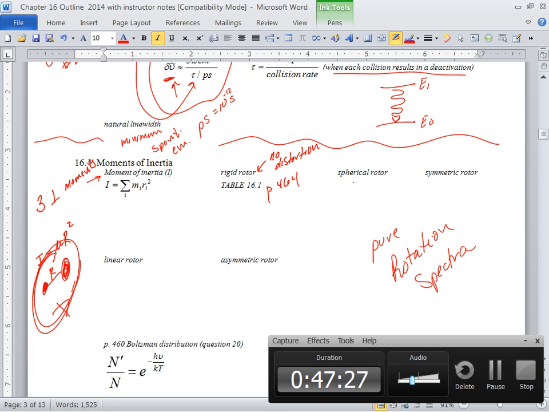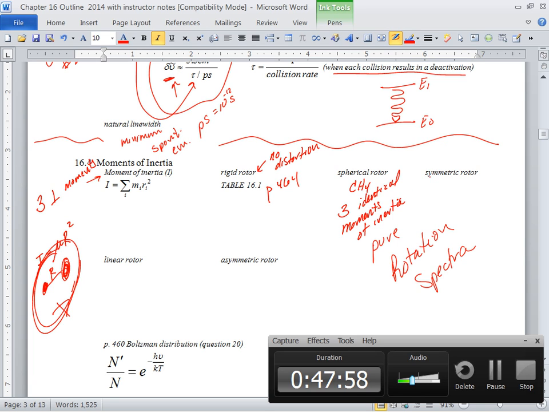On that page 464, they talked about all these different rigid rotors, and you have spherical rigid rotors where things have perfect spherical symmetry, and they have 3 identical moments of inertia. I don't know if this stuff even fits in with the homework. Probably not. I don't think you need to really worry about this stuff.